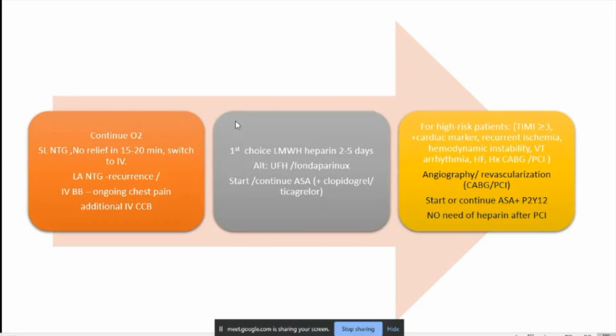Okay, and if the TIMI score is more than 3, and we check for the cardiac markers, if the patient has a troponin rise, recurrent ischemia, a history of recurrent ischemia, or is hemodynamically unstable, which means the patient is hypotensive or hypoperfused, or if the patient has ventricular tachycardia, or heart failure with a low ejection fraction, or a history of CABG or PCI, meaning open heart surgery or percutaneous coronary intervention, those are the high risk patients.